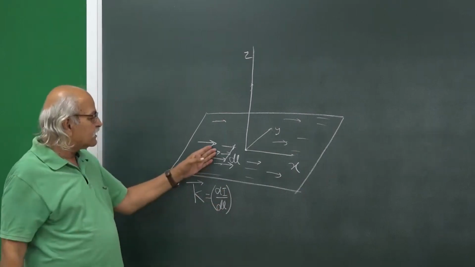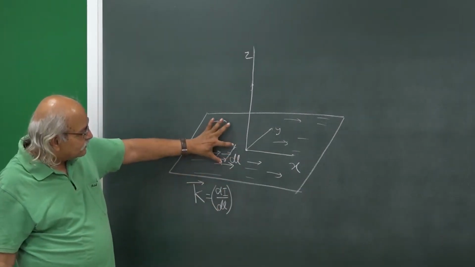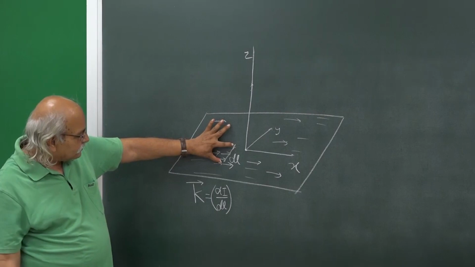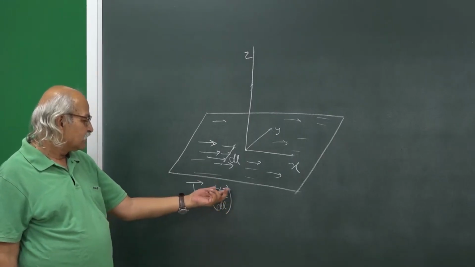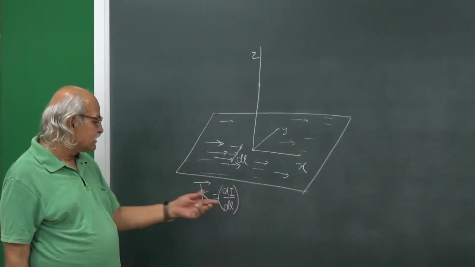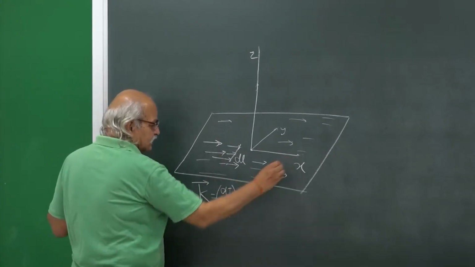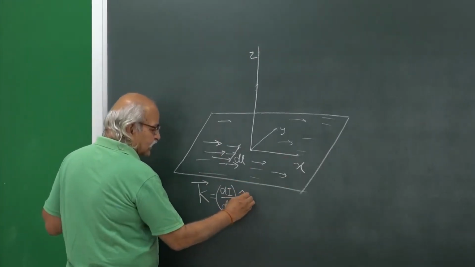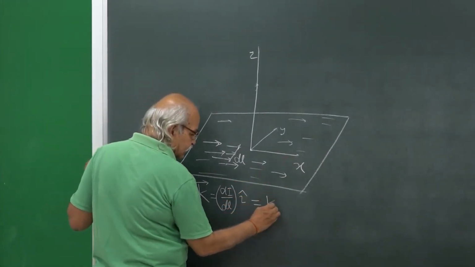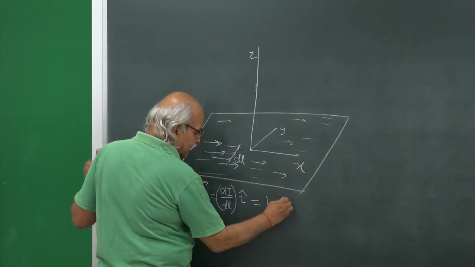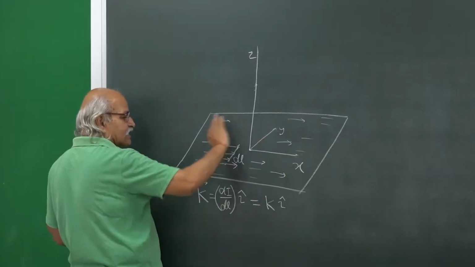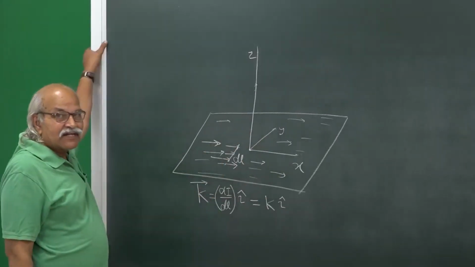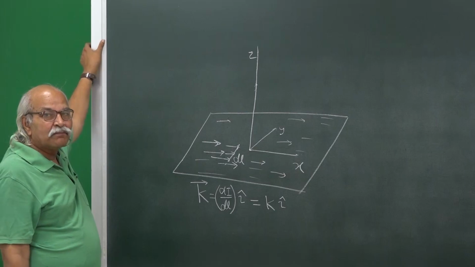If di current crosses this length dl, then di by dl is the surface current density magnitude, and this is in the x direction. So, we write K times i cap, and this is a constant. The current density is the same everywhere in the xy plane.